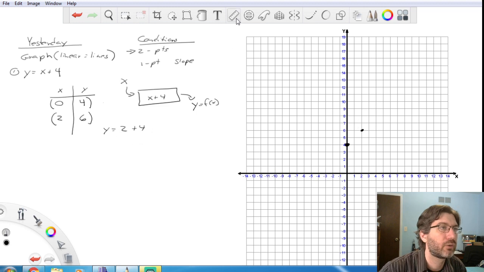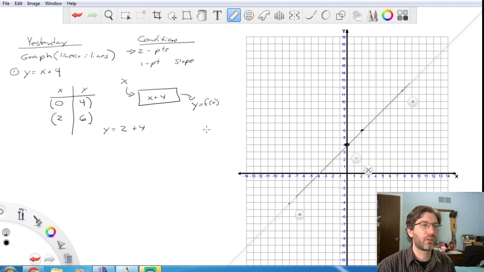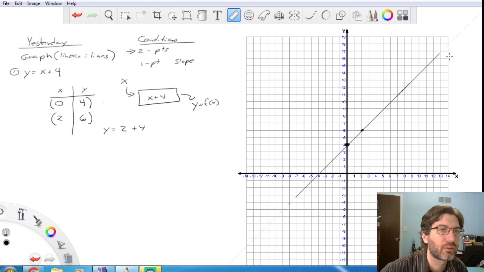And then you're going to draw your line the best you can. I highly suggest you use rulers when it comes to drawing lines. Your line has arrows on the end of it because it goes on forever, so don't forget your arrows.